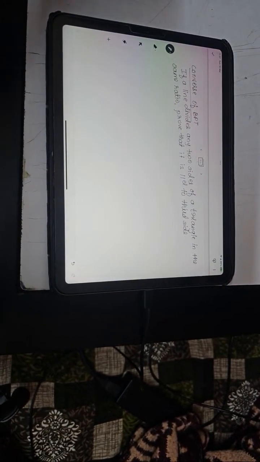See, now what it is saying: before, it was given that it is joining the midpoints and we had to prove it is parallel.